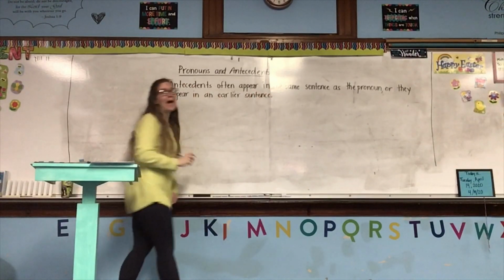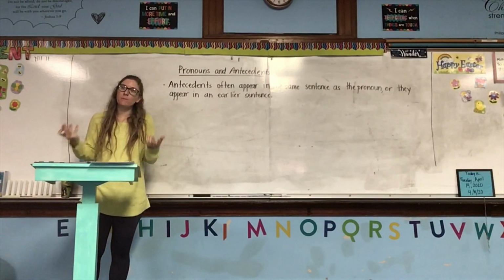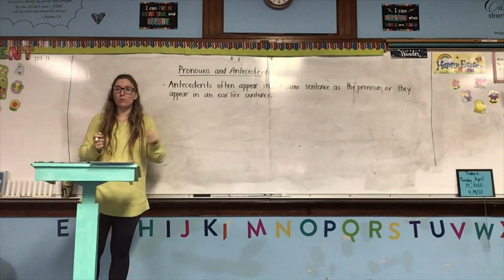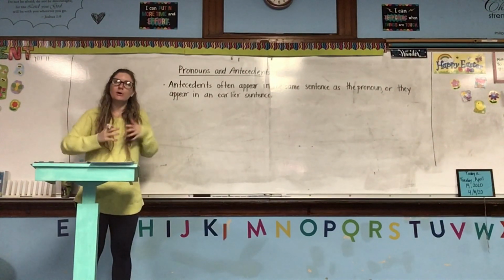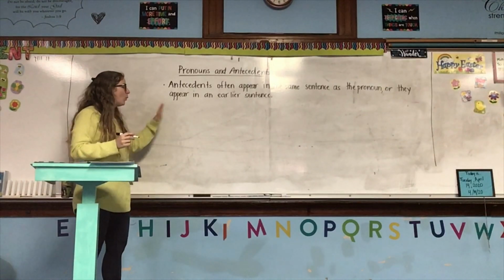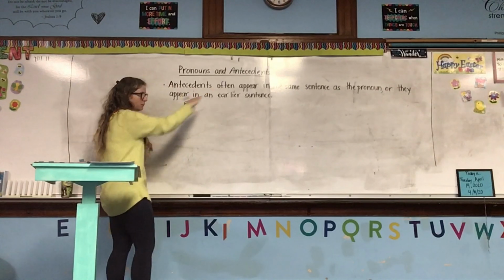And the reason for that is clarity. You can't just come out using a pronoun because then nobody's going to know who or what you're talking about. If you just come out saying she was angry, how do we know who? So, what this means, for example, I'm going to show you an example of each problem.